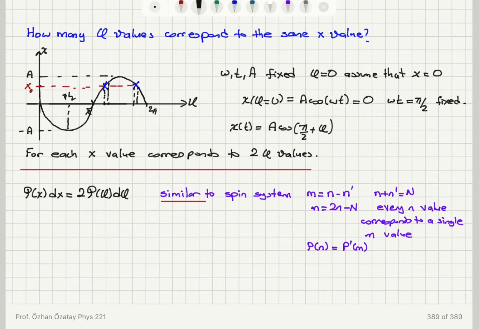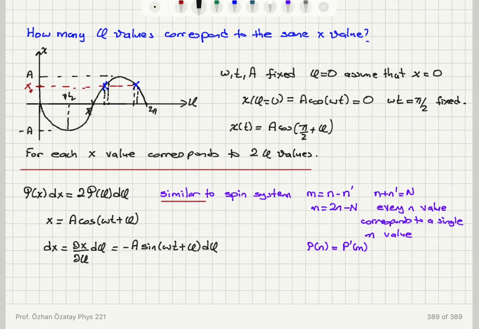Okay, so now how do I go from x to phi? So x is equal to a multiplied by cosine of omega t plus phi. So what is dx, where a, omega and t are fixed? It is the partial derivative of x with respect to phi, d phi. So what is the partial derivative with respect to phi? It is minus a sine omega t plus phi d phi.